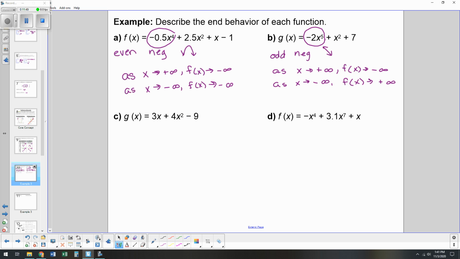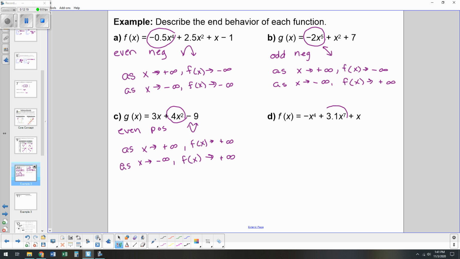For c, that would be the term I'm looking at. So 2 is even, and that 4 is positive. So it's going to look something like that. As x goes to positive infinity, f of x goes to positive infinity. As x goes to negative infinity, f of x still goes to positive infinity.